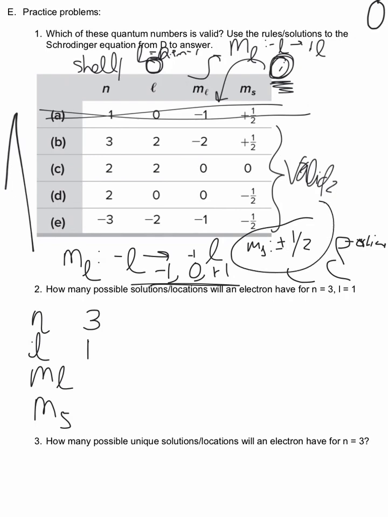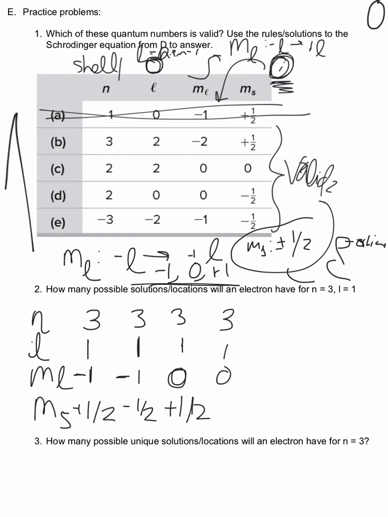We have an M sub L of minus 1, and our spin for that can be plus 1/2, but we can also have the same n, the same L, be in the same orbital, and then have a spin of an opposite orientation. Similarly, if we have an M sub L of 0, so that's our second p orbital, we can have 2 electrons in there, one with a spin of positive 1/2, and another with a spin of minus 1/2.